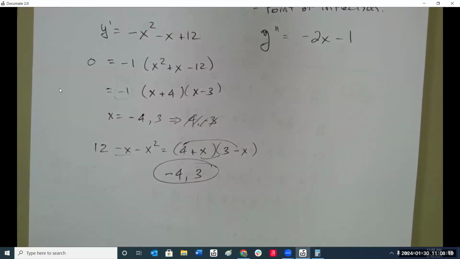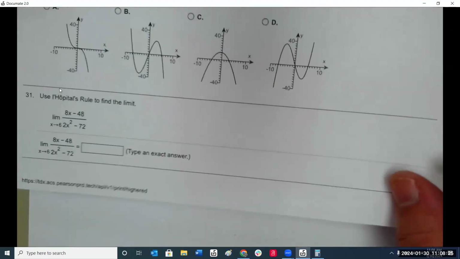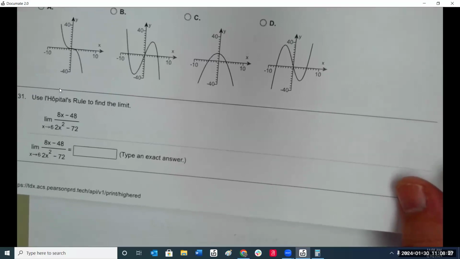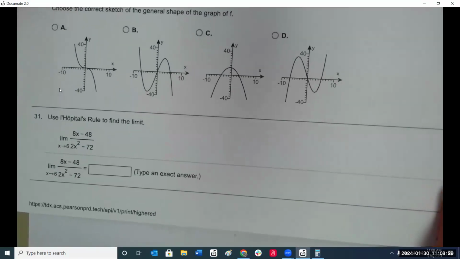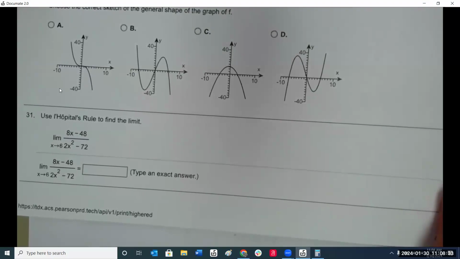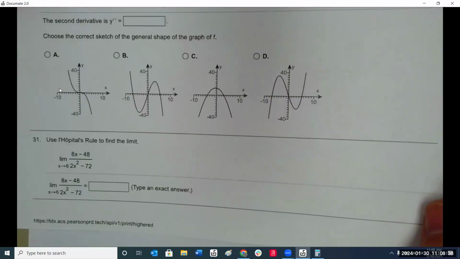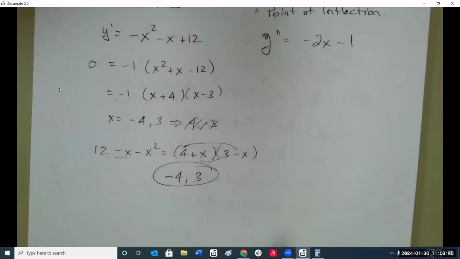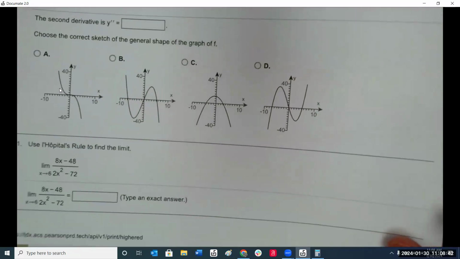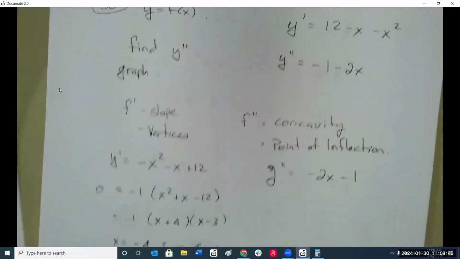So we know we have critical values at negative 4 and 3. So obviously we can get rid of which ones? Can't really see it, but it would be the ones where negative 4. Well, we also know what?